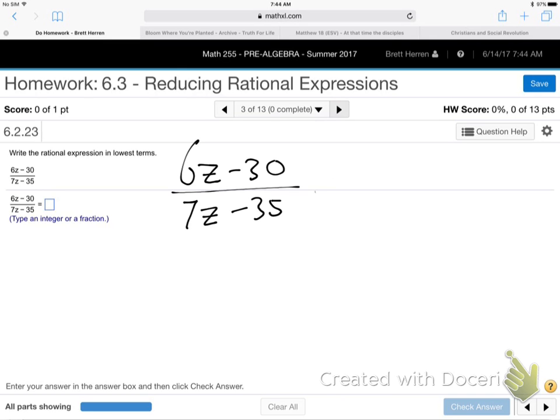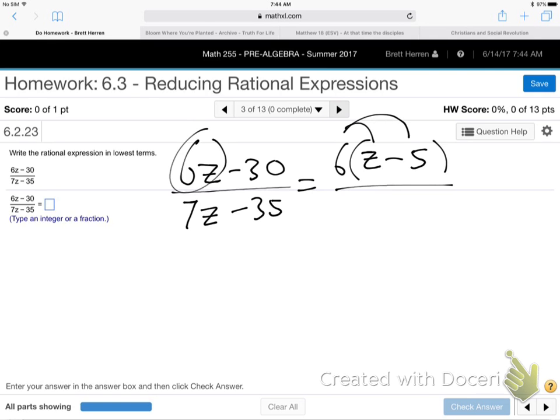So let's do it first the way I was saying: take out what's in common. Take out a 6 on the top, because they have GCF 6. And what does that leave on the inside? Z, right? 6 times z would go back to 6z, and 6 times 5 would go back to 30. Is that good so far? Now on the bottom, what can we take out? 7.